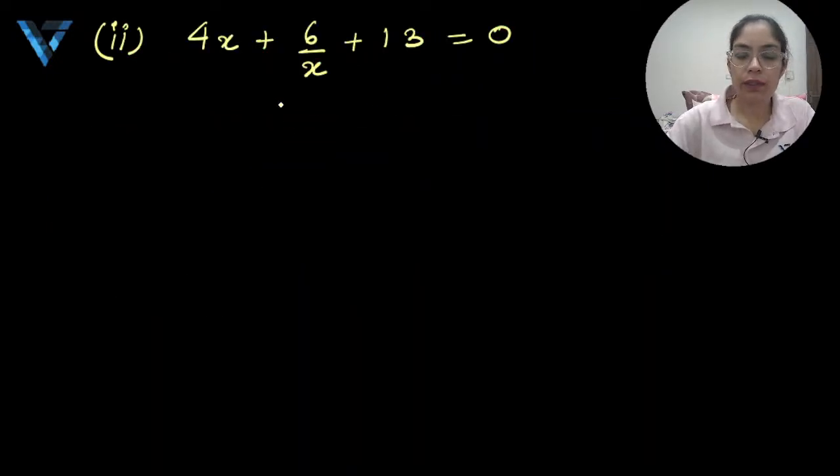Okay, let's do this question now. 4x plus 6 by x plus 13. First of all, we have to convert it into standard form. So how to convert? We'll take the LCM. Up and down with x we will multiply, because we have to make the denominator the same. Here also up and down with x we will multiply.